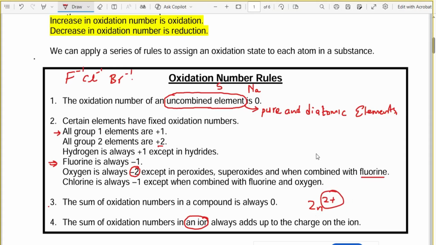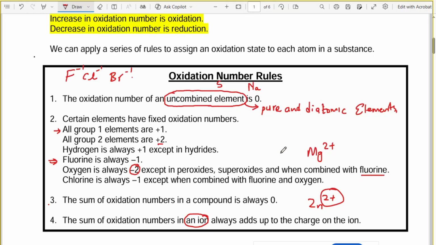If I give you maybe magnesium, which is also 2+, the oxidation number of that ion, because when you have a charge on top we call it an ion, is the charge of the ion. You understand? Okay.